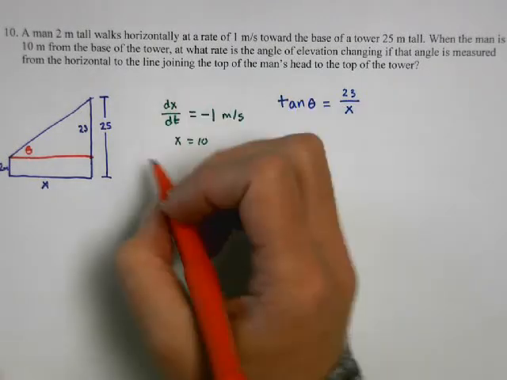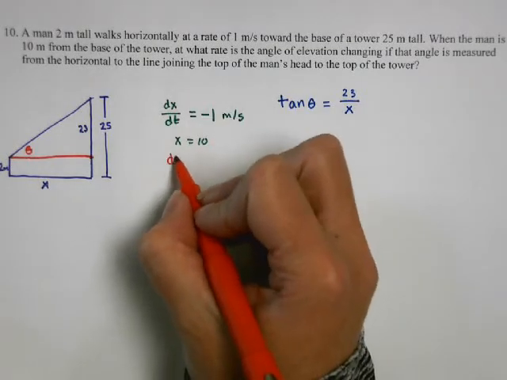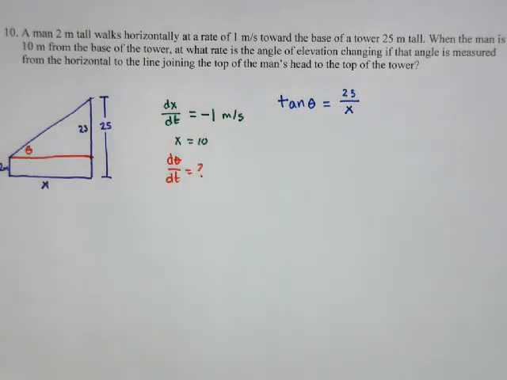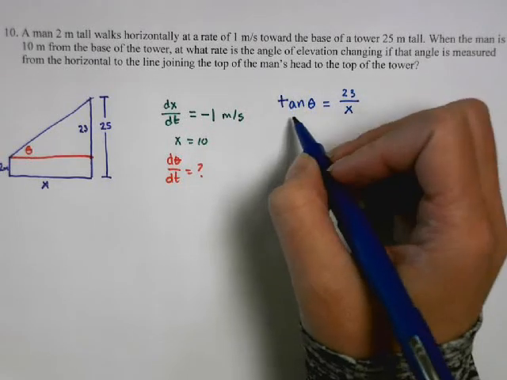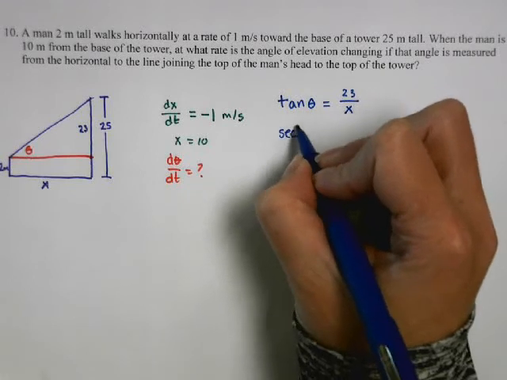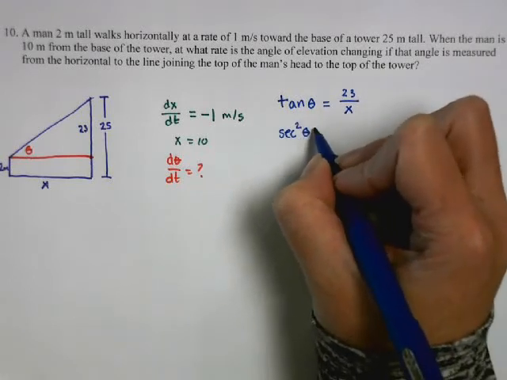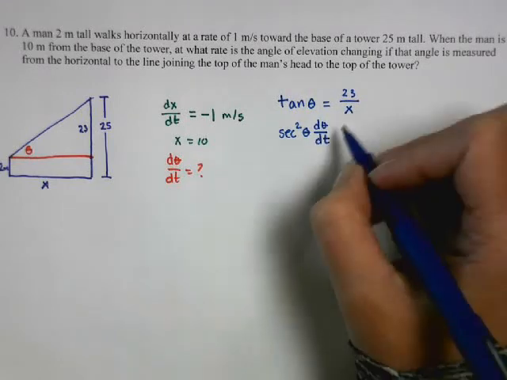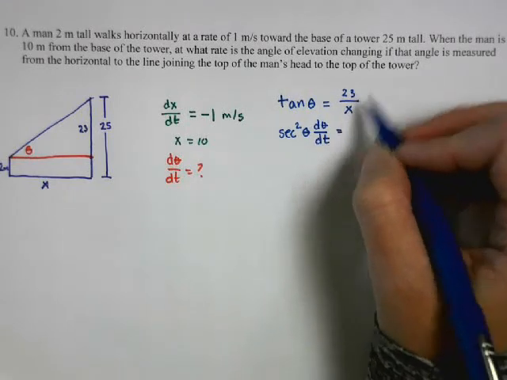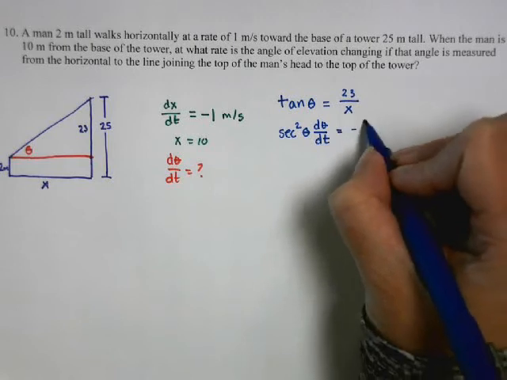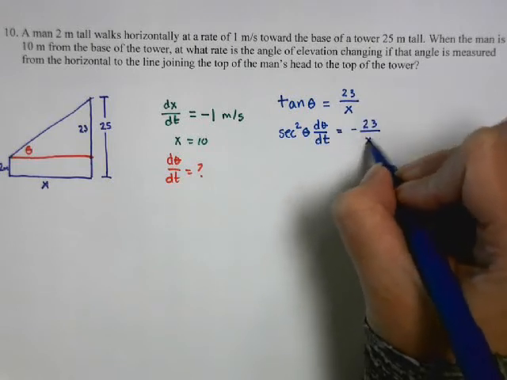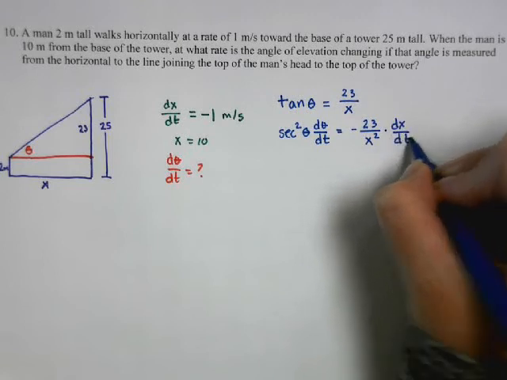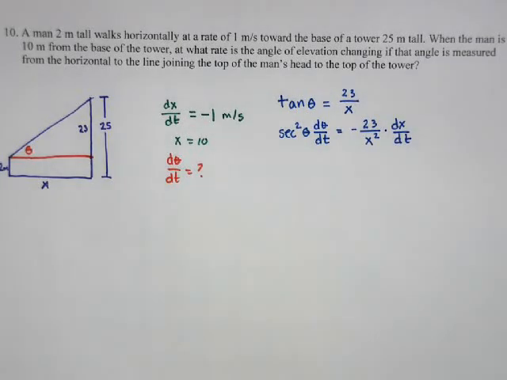All right, so let's take the derivative. So derivative of tangent is secant squared theta times d theta/dt, which is going to equal -23 over x squared times dx/dt. So I'm going to actually solve this one step before I fill in the values.